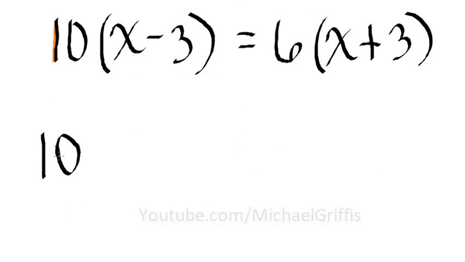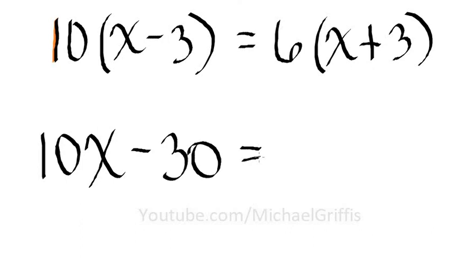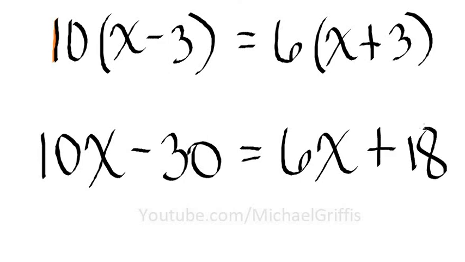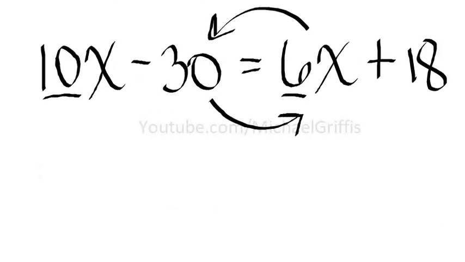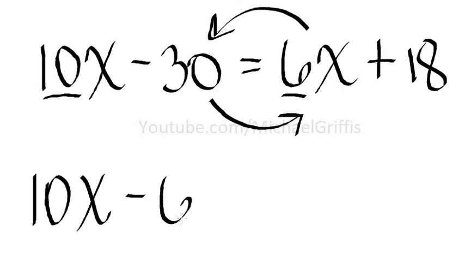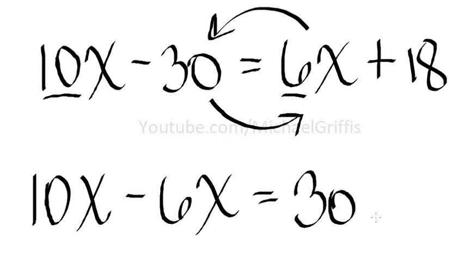Distribute that 10 across, so we have 10x minus 30 is equal to 6x plus 18. Since 10 is greater than 6, let's take the 6x over to this side, and the 30 over to this side. So we have 10x minus 6x is equal to 30 plus 18.